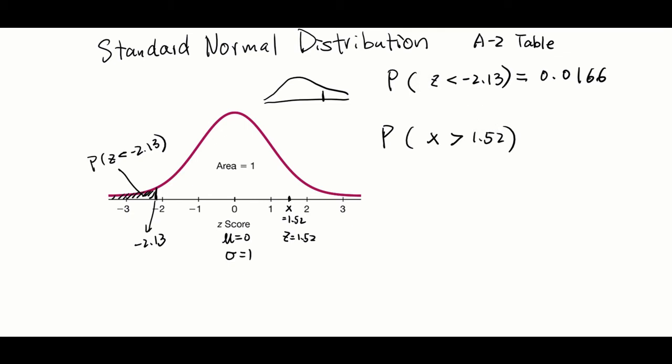So if you find the value of 1.52 in the chart, what it gives you is the area to the left of that value, as shown here. But what you're looking for is the area to the right of 1.52. So what we do, knowing the whole area underneath the curve is 1, is first find this area, and whatever you get, you subtract that area from 1, and what you get is the area we're looking for.